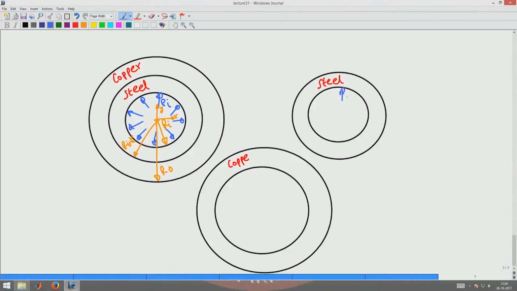You know that there is Pa acting here, and you expose the interfacial radial stress, P interface, acting like that.